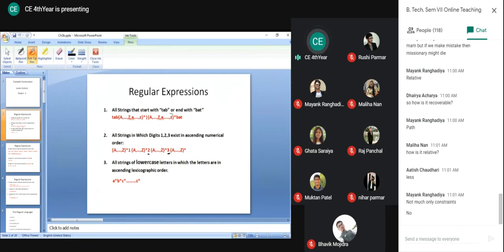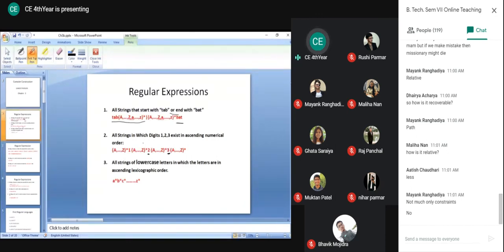And here it is or, so that's why we have this or symbol. It will start with tab or end with bat. So you can see it is starting with tab or it is ending with bat. If we have an and condition, we have to merge these together.